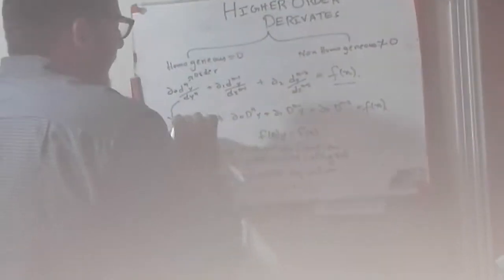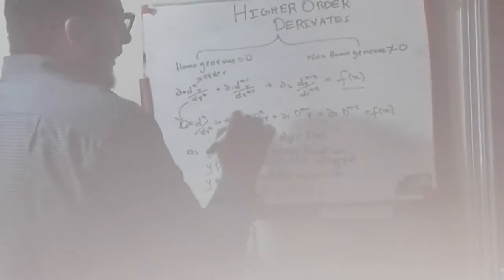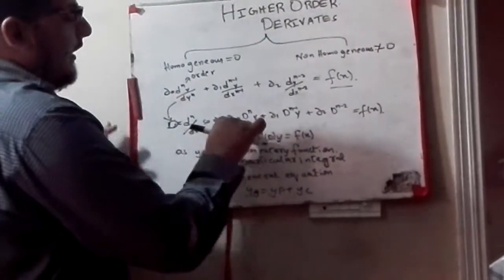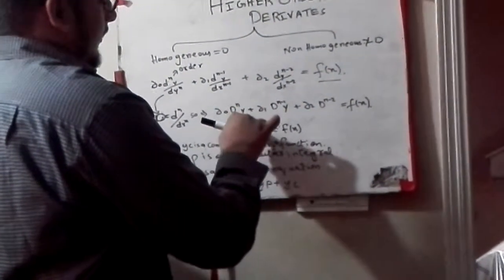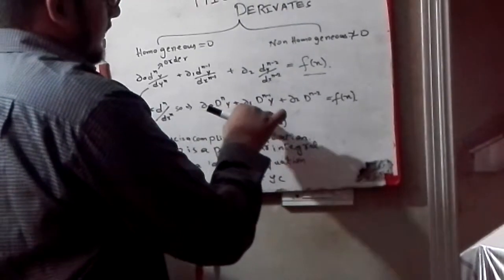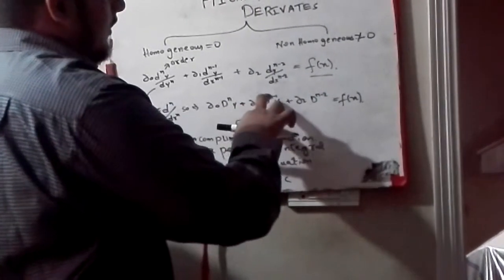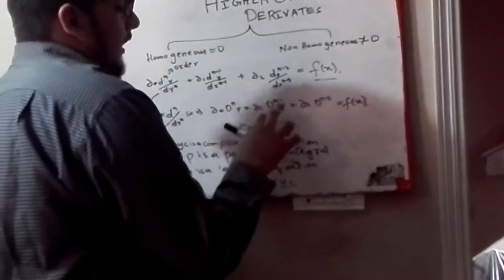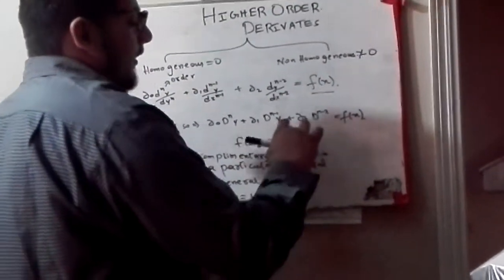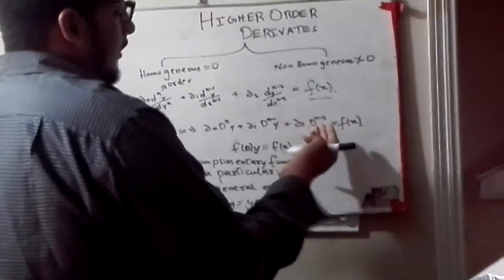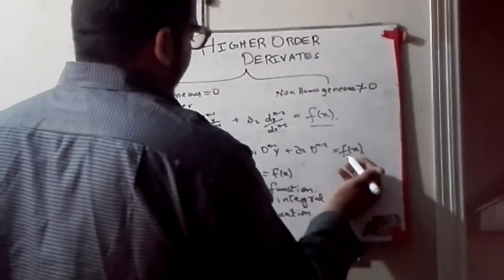So we will convert this equation into a big D. That would be D to the power n multiplied by y plus another constant D to the power n minus 1 multiplied by y, plus so on, is equal to fx.